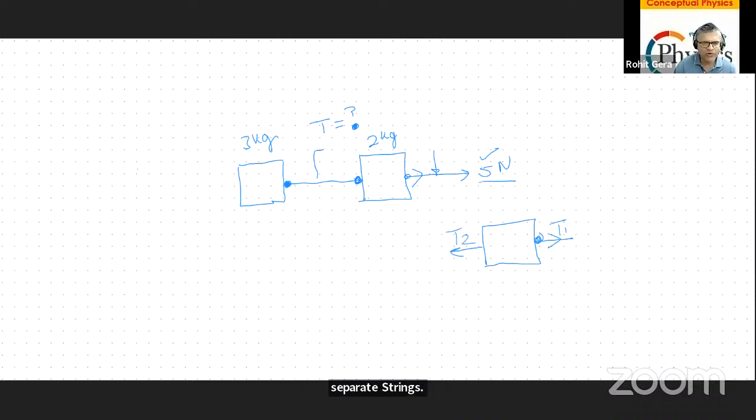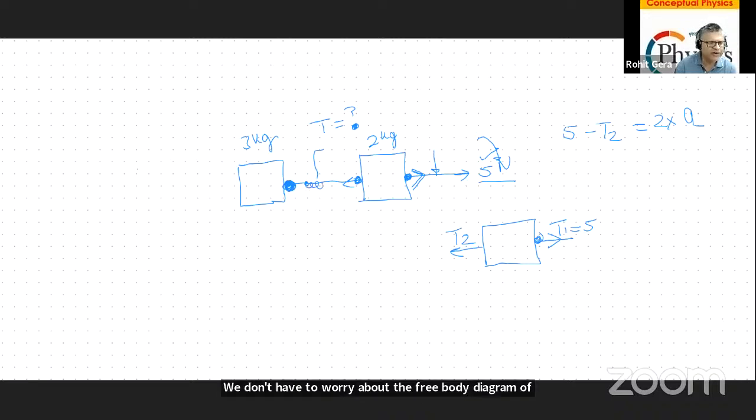We know 5. This is 5 newtons. So whatever force you applied got transmitted through the string, made an appearance at the end, and pulls the block. So 5 minus T2, if this is T2, in the free body diagram, is equal to 2 into A. We don't have to worry about the free body diagram of the string.